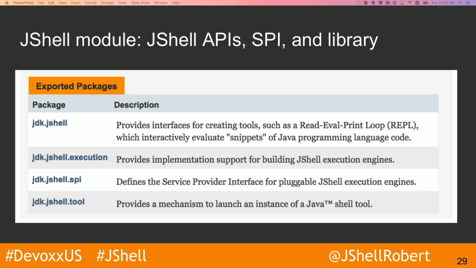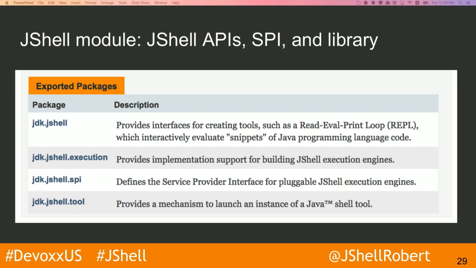All right, so these are the packages within the JShell module. The module is called jdk.jshell. So jdk.jshell is the API. If you're going to build a tool on top of the API, that's what you'd want to use. Then three down is the service provider interface for changing out execution engines.